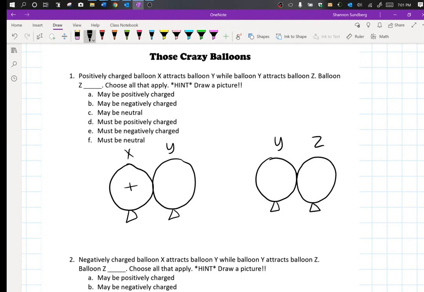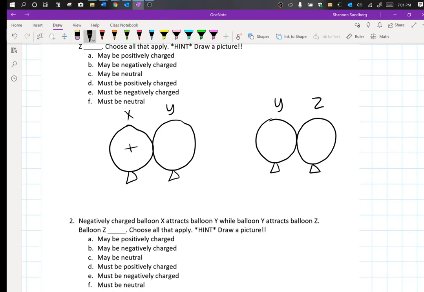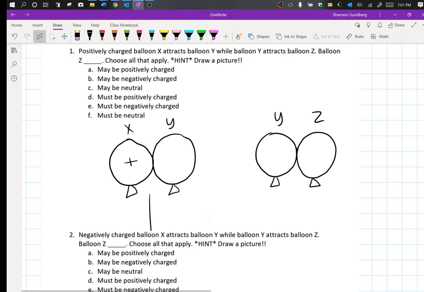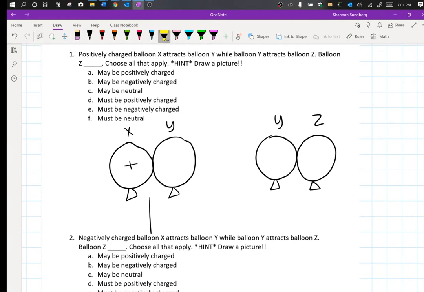How do I figure out what's going on? Well, the way that I would do this is I would draw a chart underneath. So let's give ourselves a scenario. We know balloon X is positively charged because it told us right here. That's what we definitely know for sure.